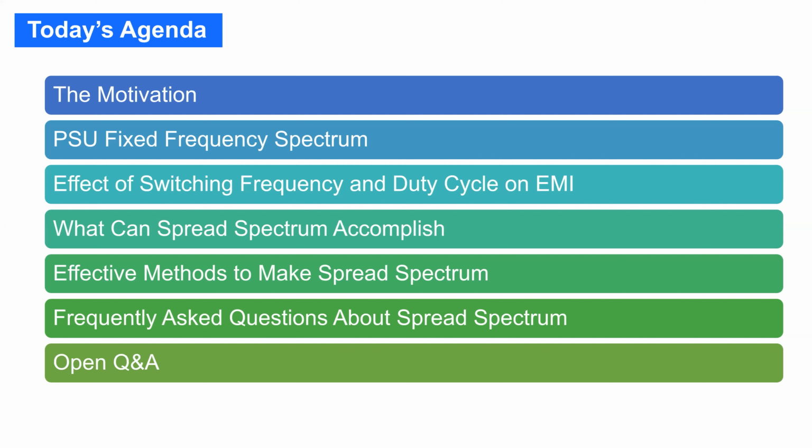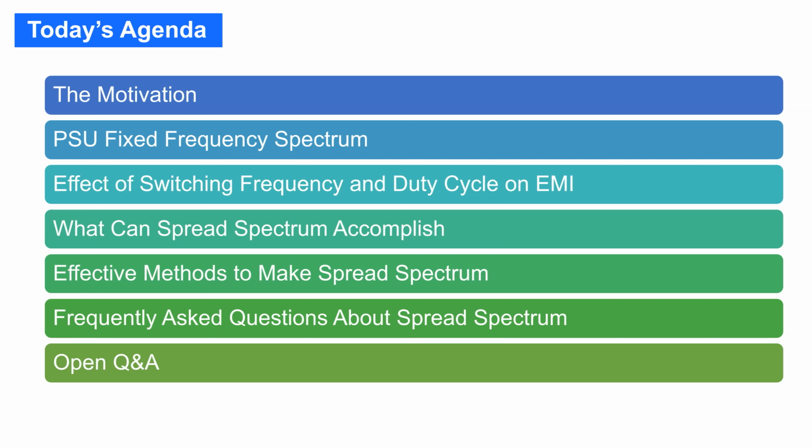Today we will talk about spread spectrum, the motivation, why we do it. Look at how a non-spread spectrum system looks, and we'll look at what effect the switching frequency and duty cycle have on EMI, and then we will dive into what spread spectrum can do for us.